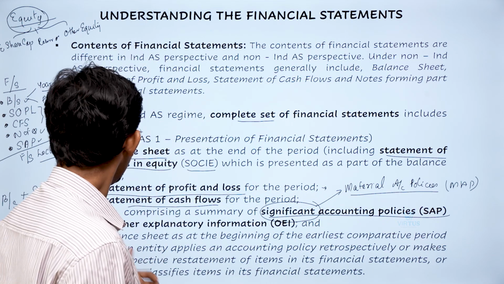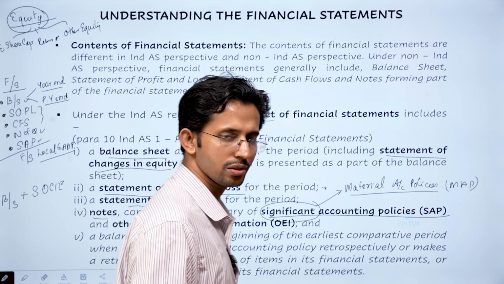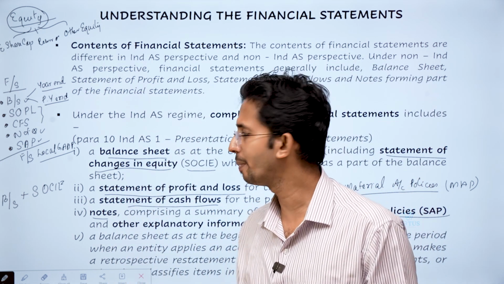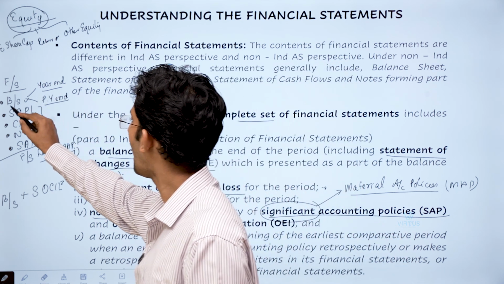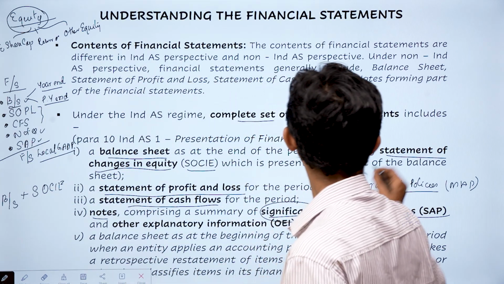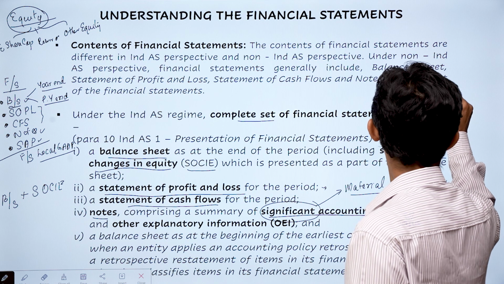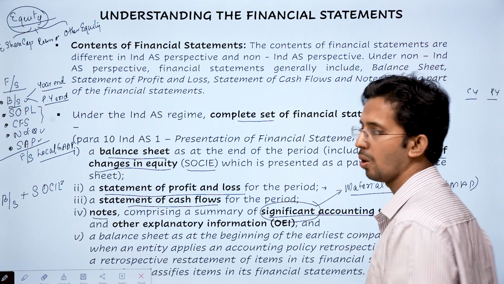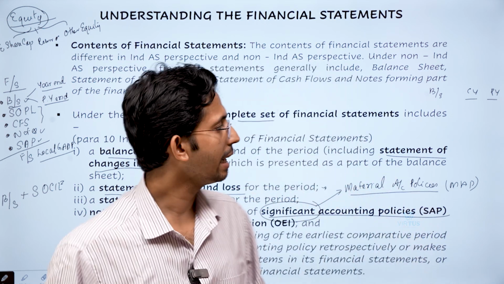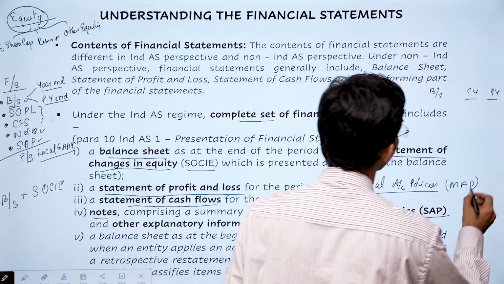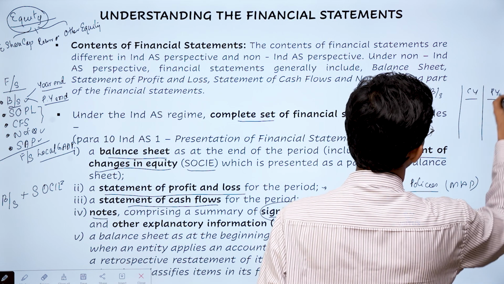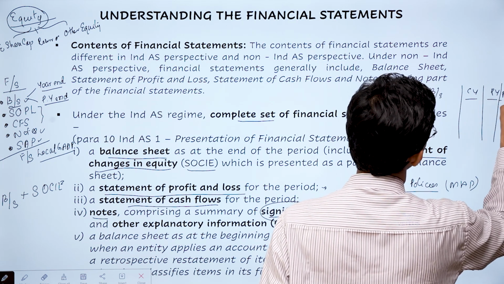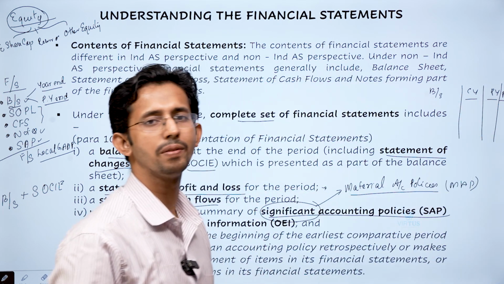Now sometimes in Ind AS you will have to prepare one more balance sheet. Typically in your local GAAP you had a balance sheet with two columns, the current year figures and previous year figures. Now in the Ind AS regime, in addition to these two columns, you can have one more column: current year, previous year, and the PPY, previous year to the previous year.